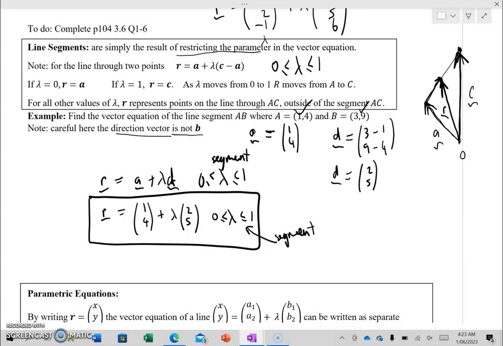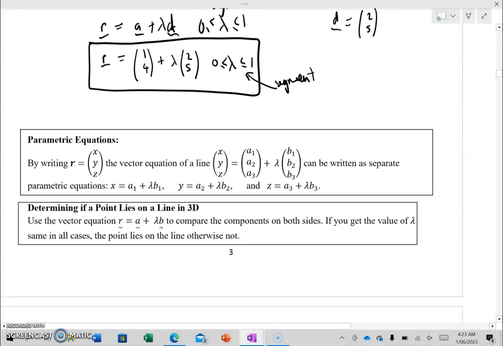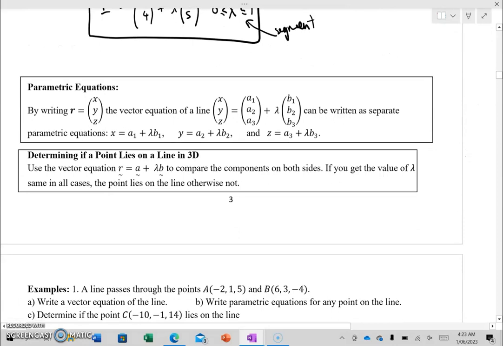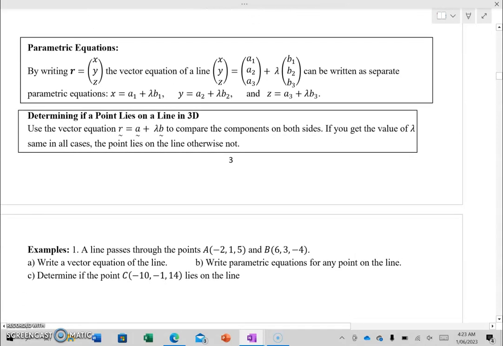Okay, so that's line segments. Next, let's look at parametric equations. If you write r as (x, y, z), you can get 3 separate equations for each of the components. So x is going to be a1 plus lambda b1. You can get similar equations for y and z.